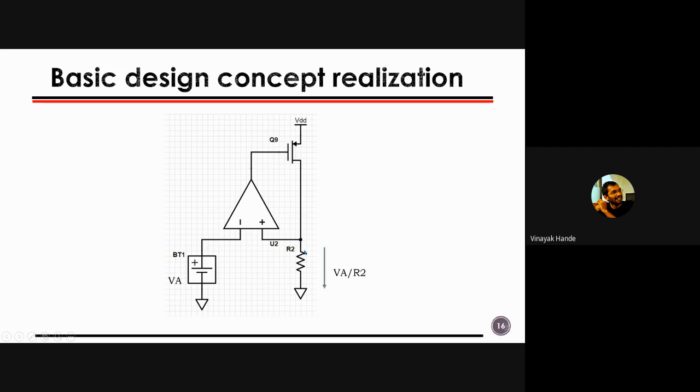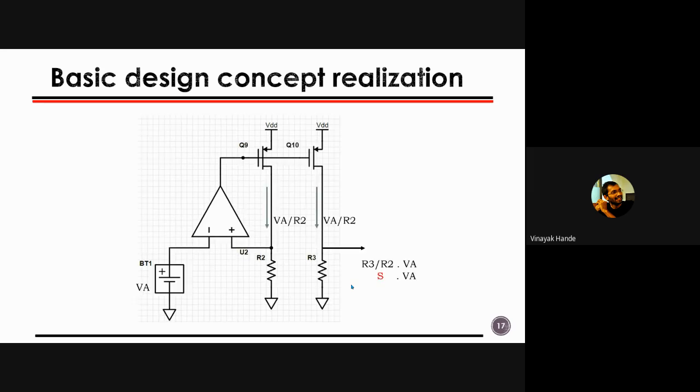So the current flowing through this resistor, or this complete branch, is nothing but VA by R2. Now we are able to convert the voltage into current. As decided previously, the same current will flow into the higher value of resistance, that is now R3. So we get R3 by R2 into VA.